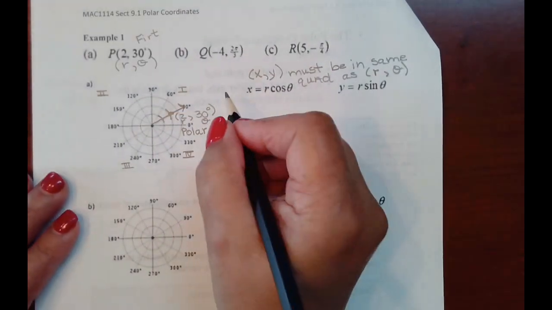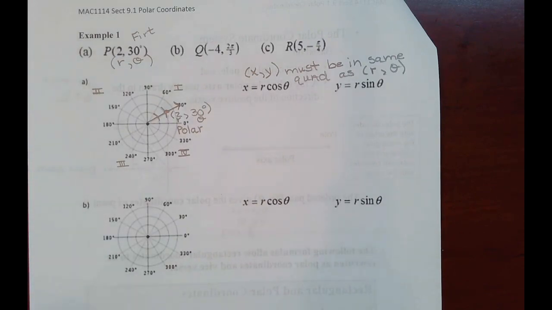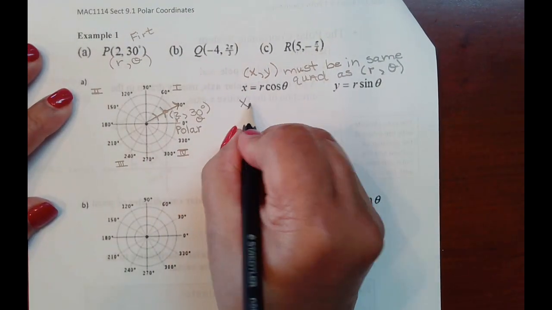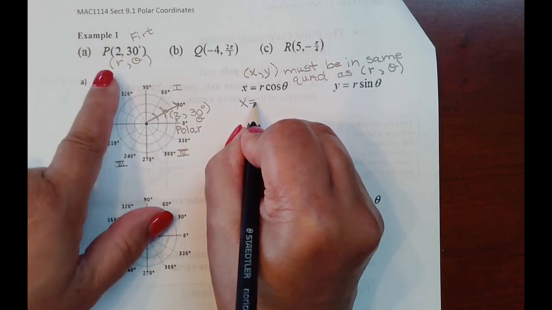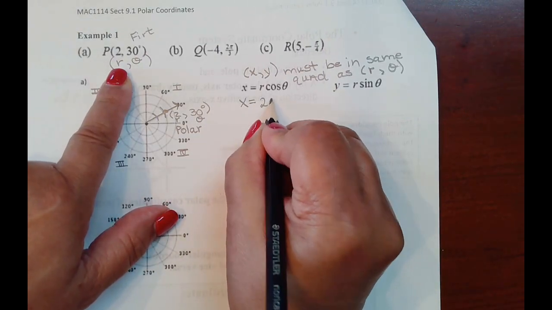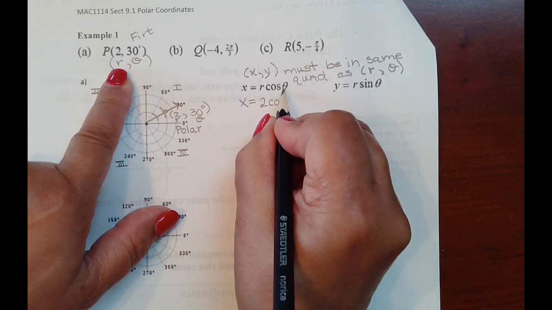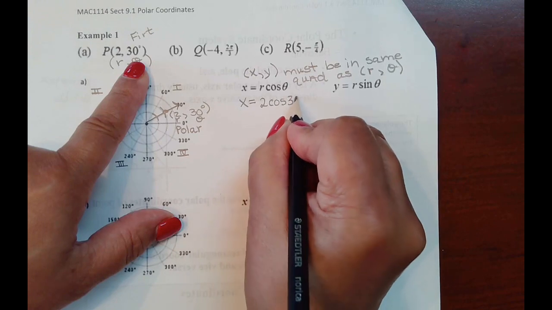Okay, so let's go ahead and we're going to do our x value, and we're also going to do our y value. Okay, so when I plug into this, it's the r value. Our r value for part A was 2, so I'll put that right in there, and then it's cosine of whatever the theta is. So that's 30 degrees.